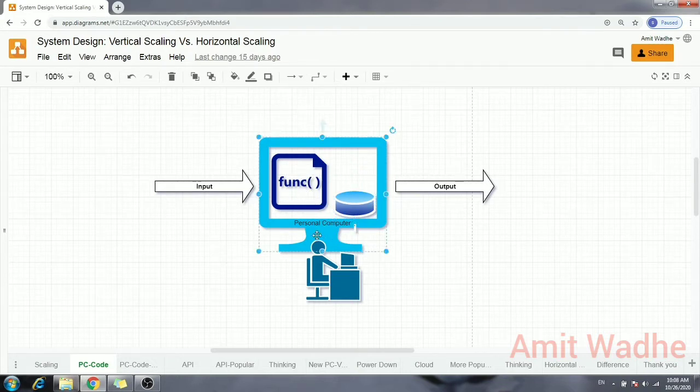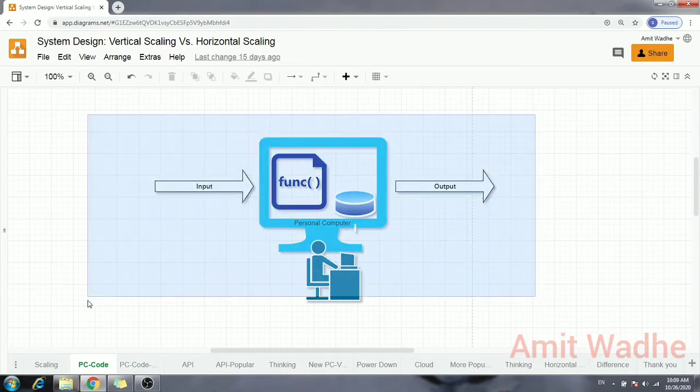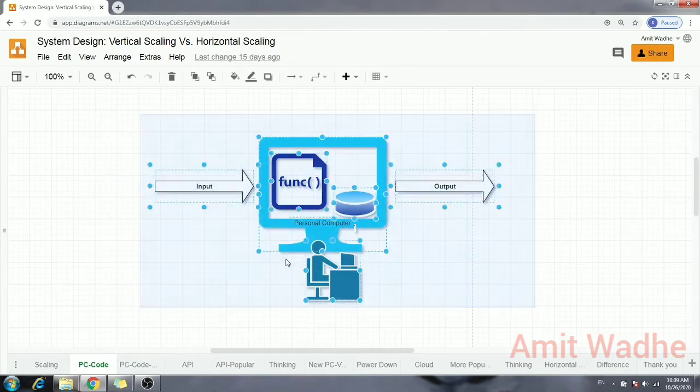Now that code is running on my personal computer, which takes certain input and gives an interesting output. When I talked about this algorithm with a couple of friends, they really liked it and wanted me to share the code with them.